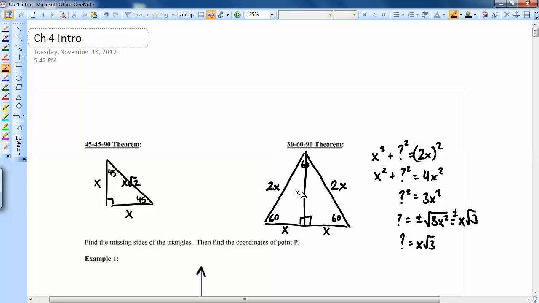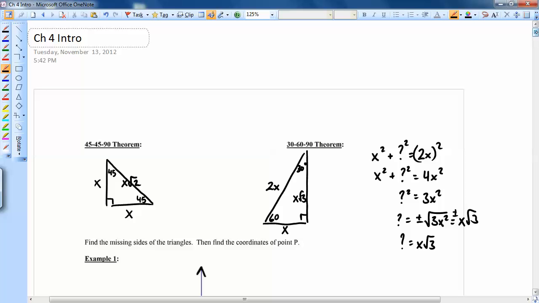So this thing right down the middle is x root 3. And if I get rid of this, here's the real theorem. Now this angle up at the top is only 30. So these are the two theorems that we need.